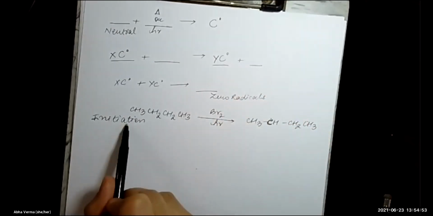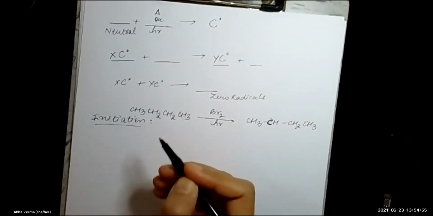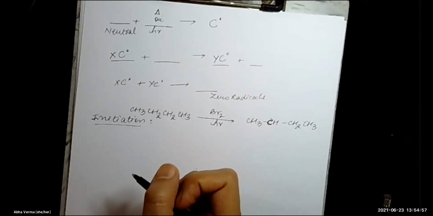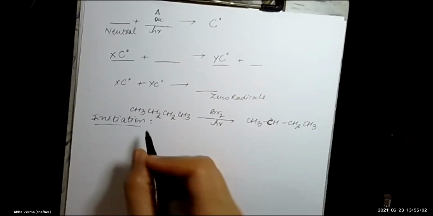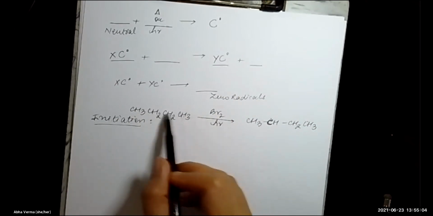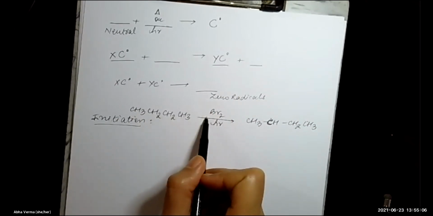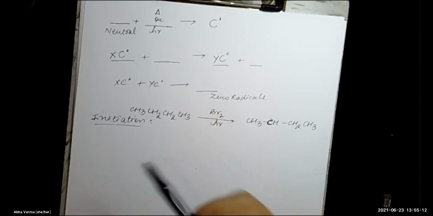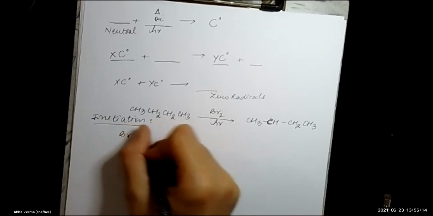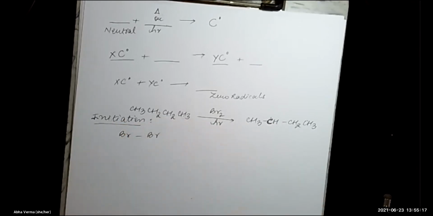So let's do initiation. When we start to form or initiate the unpairing of electrons, you have to find out which is the easiest bond to break. On this substrate, we found which is the easiest bond to break. And let's break our bromine also.